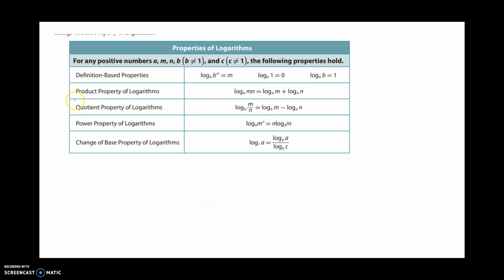Let's look at the quotient property. Quotient is division. So when I have a fraction here, this is m divided by n. This is a quotient. I have a different property.